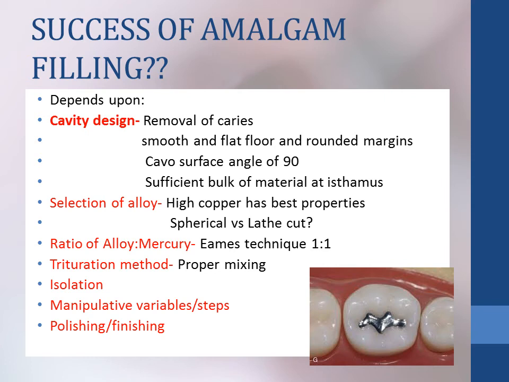Because saliva contamination can lead to failure of the amalgam filling. Manipulative variables, all the steps which include condensation, burnishing, carving, finishing, polishing. Obviously, if there is any mistake in any one of these steps, that can cause failure. And then the finishing and polishing, obviously a well polished and finished restoration lasts longer, has better aesthetics and better properties. So these are all the factors that determine the success of amalgam.